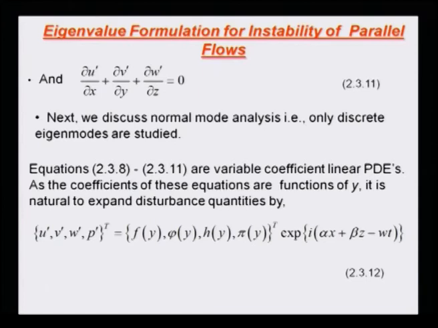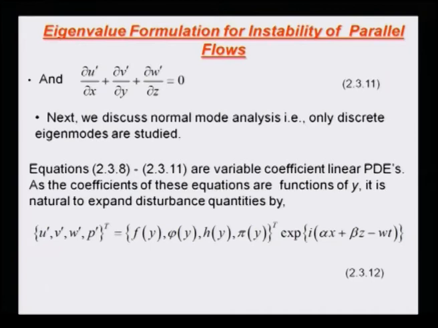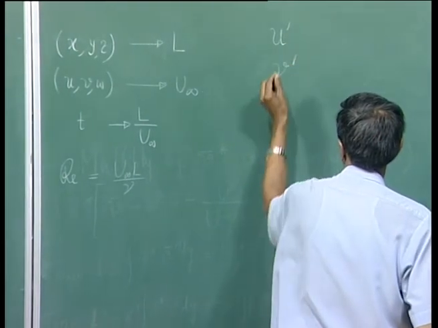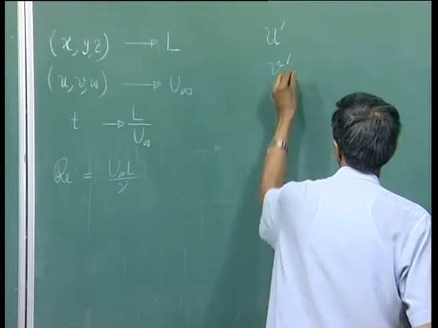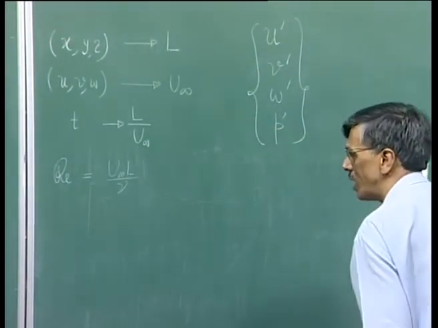So, what happens is the disturbance quantities, you are going to write it like this. We are writing the disturbance quantities in terms of all possible harmonic components, written in terms of the Fourier Laplace transform.